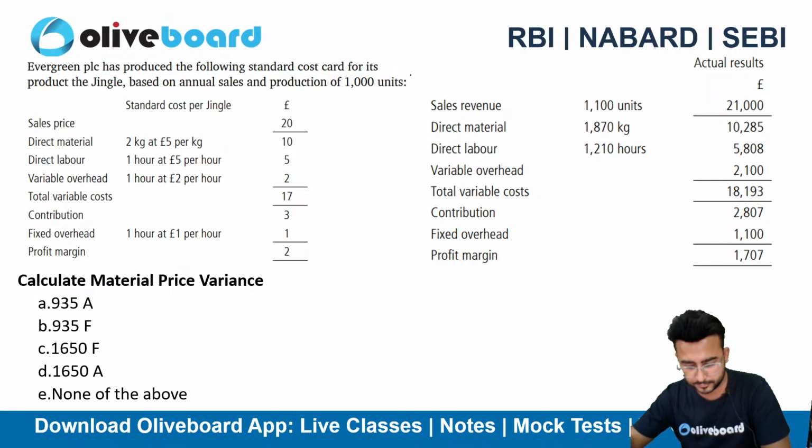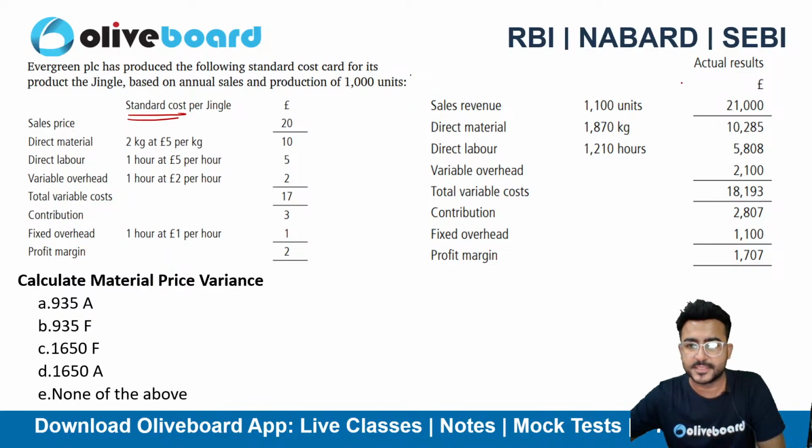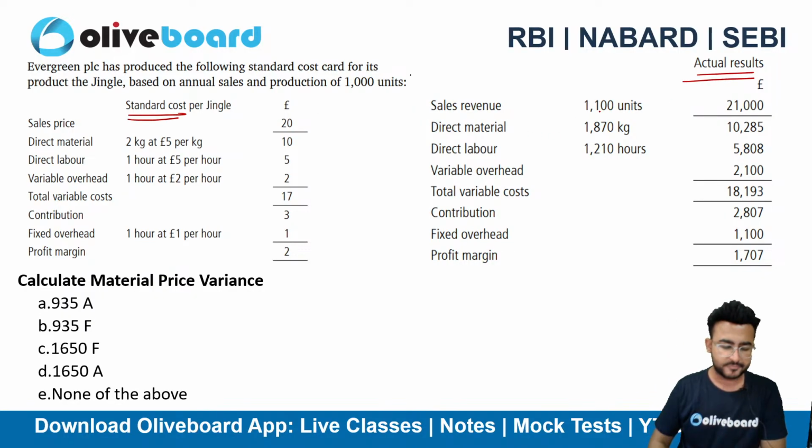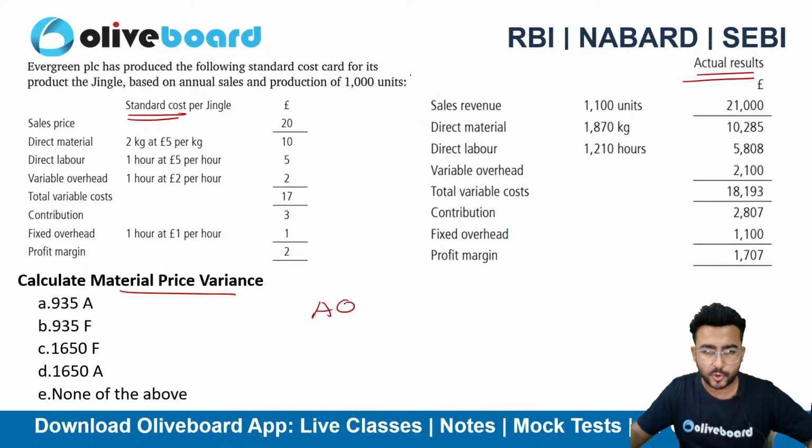Okay, next question, you need to calculate the material price variance. This is the standard cost table. This is the actual results. So what is the formula to calculate material price variance? Actual quantity multiplied by standard rate minus actual rate.